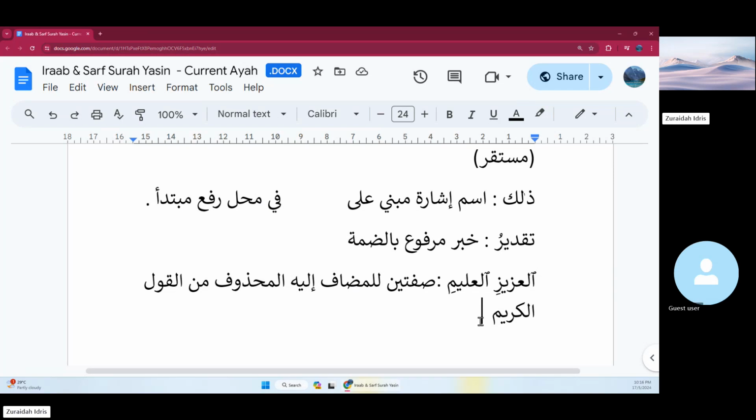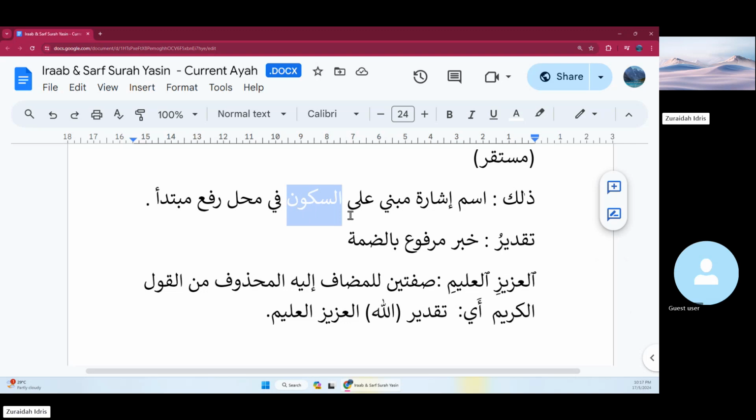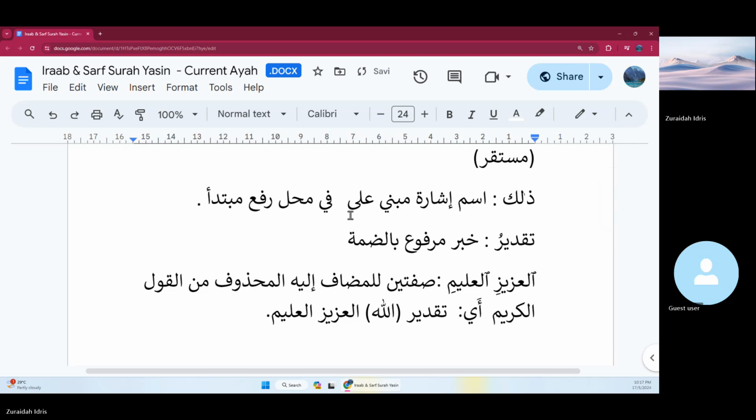Yeah, the whole sentence, but the word Allah was not there. So the mudaf ilai, which was missing, comes from the great word Allah. All right, and this should be, as you say, fatha. Right, what happened? Okay.